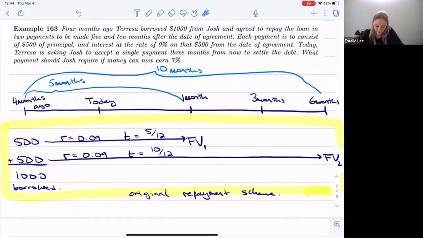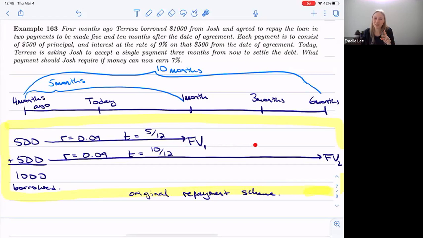So today, right, so here we are today, Teresa's asking Josh to accept a single payment 3 months from today, okay, to settle the debt, which means that what's going to happen is essentially, and we've got this twist of the rate changing to 7%. So really what's happening is she's going to have to take out another loan on this future value at 7% for 2 months, right?